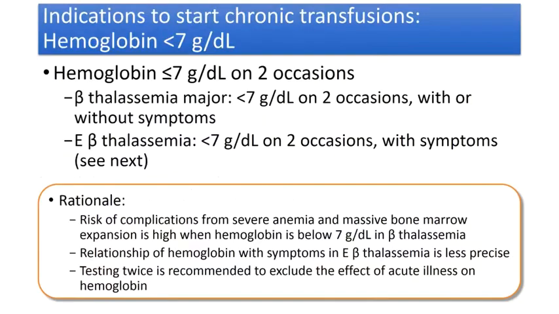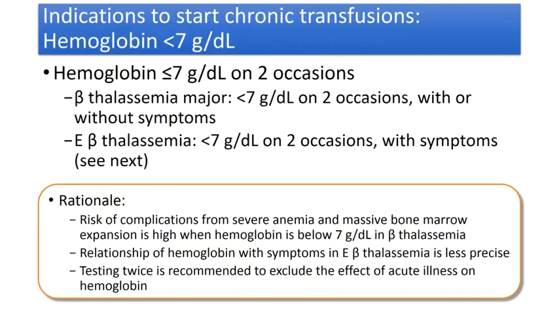So what are the indications to start chronic transfusions? First of all, if the hemoglobin level is less than 7 on 2 occasions, then if the diagnosis is beta thalassemia major, transfusions should be started. But if the diagnosis is E beta thalassemia, then along with the hemoglobin below 7, we also are seeking symptoms from anemia that may or may not be present.